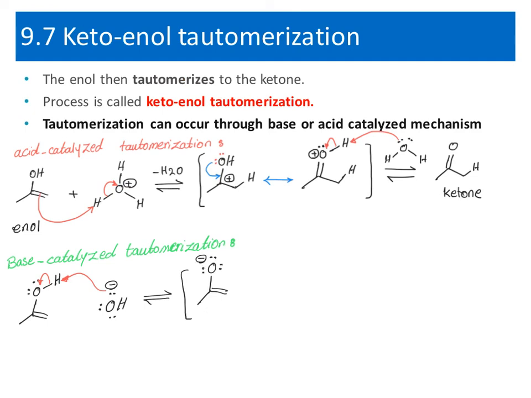Now this structure, we have an allylic lone pair, so it can do resonance. Okay, so we are going to form this resonance structure, and then in the next step we have a water molecule.